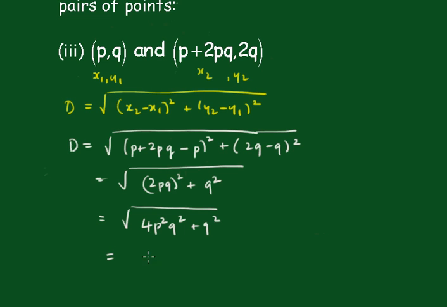I have a common factor of q squared, which I can take out outside the square root sign, and I'm left with 4p squared plus 1.